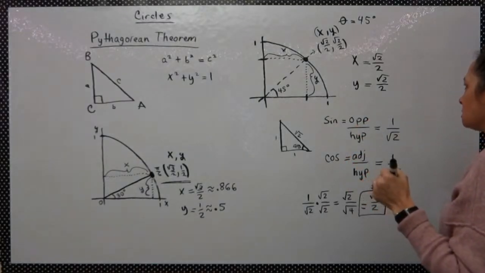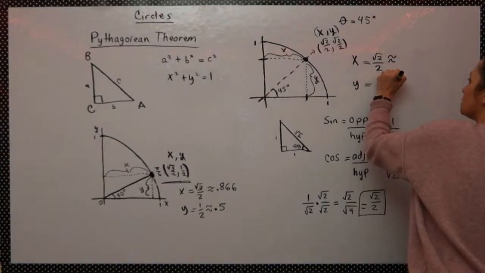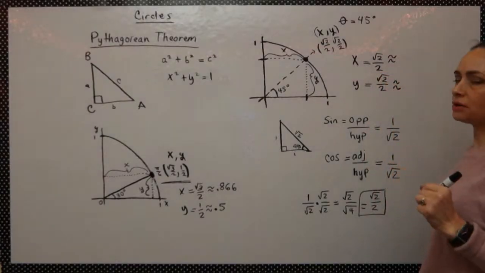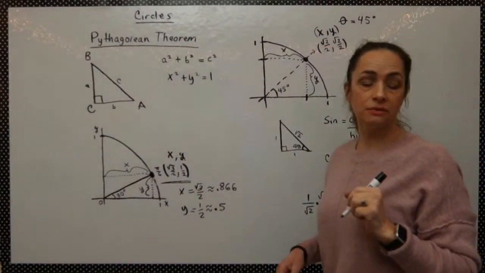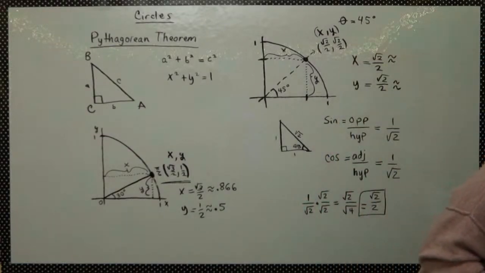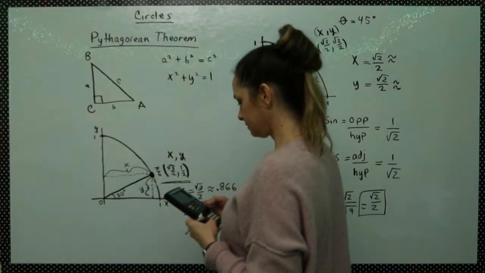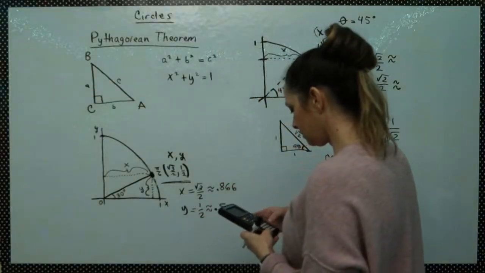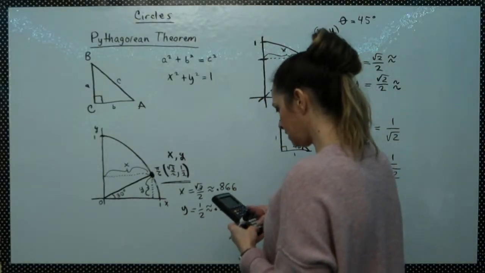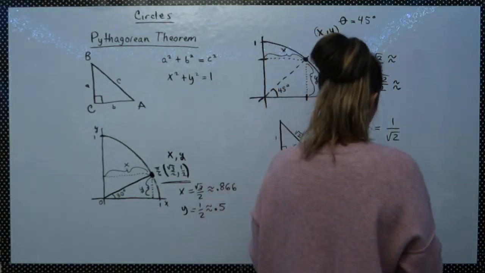And we could go ahead and figure out the decimal approximation for this if you want to. So what is it? Square root of 2 divided by 2. I'm getting 0.707.